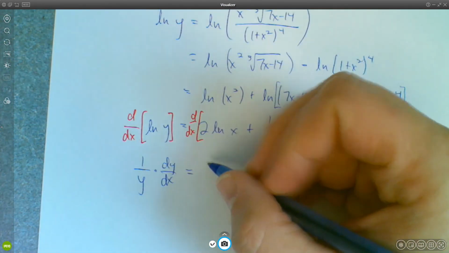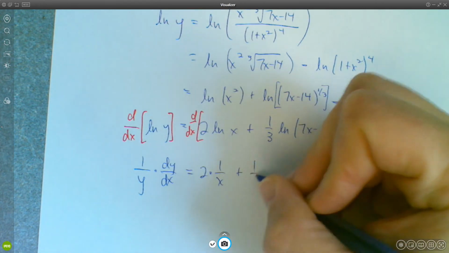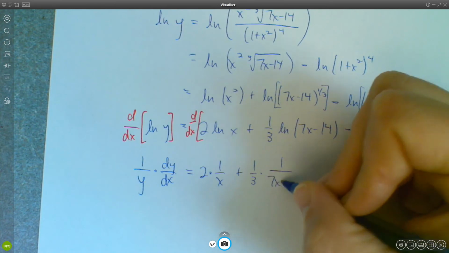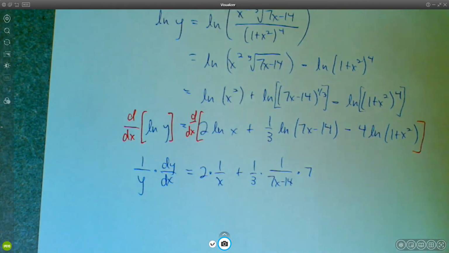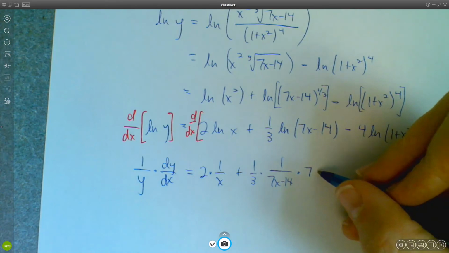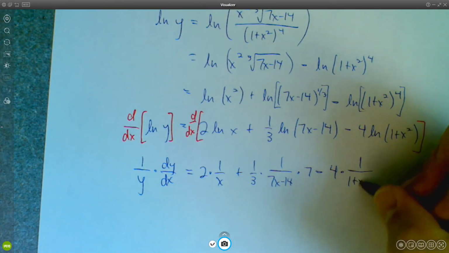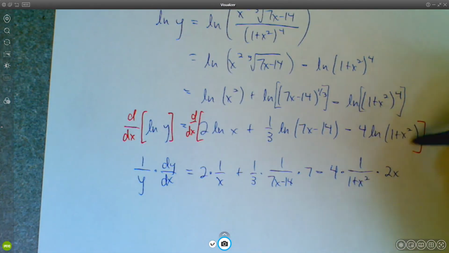It's going to be 2 times 1 over x plus 1/3 times 1 over (7x minus 14) times 7. It's 1 over this stuff, and then times the derivative of this stuff, which is just 7. And then minus 4 times 1 over (1 plus x squared) times 2x. Again, it's 1 over this stuff, and then times the derivative of this stuff.